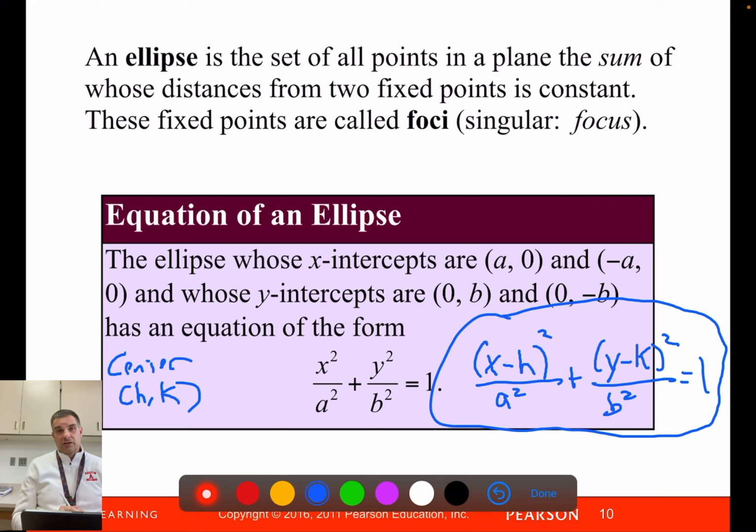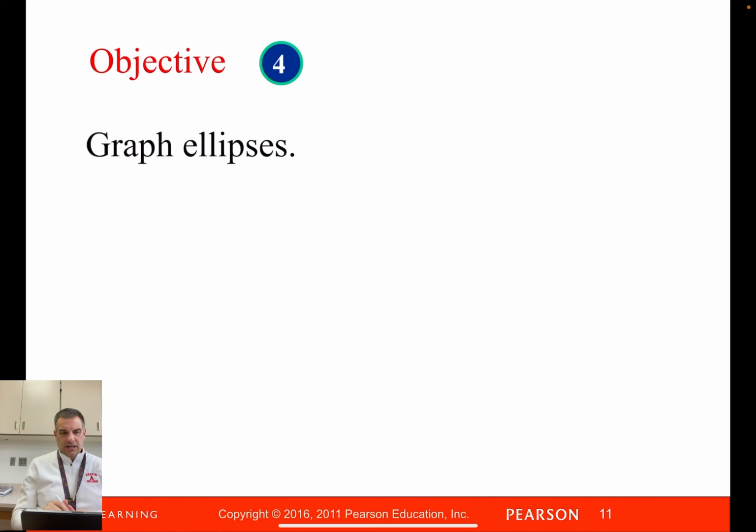Because there are two types of ellipses. There's a short and fat one, and a tall and skinny one. It's all based on what's bigger, your a squared or your b squared value. So let's take a look at examples. You should have had time now to write this down.